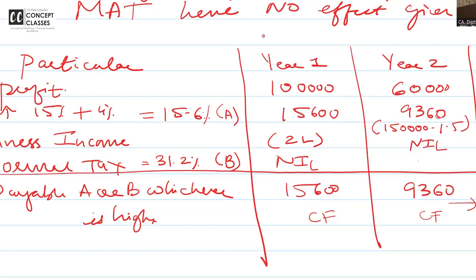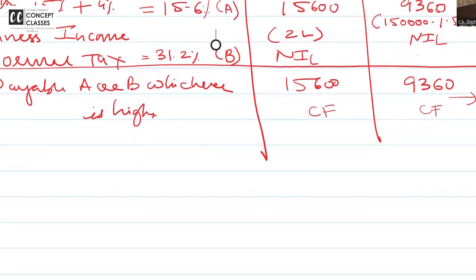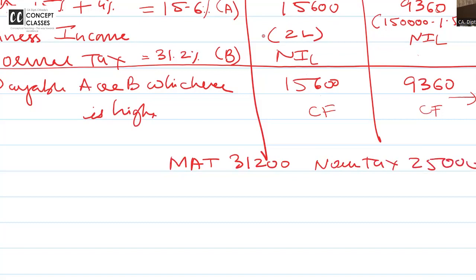Are you getting? I'm just changing for the sake of your understanding. I'll clear your doubt. Today's screen is not able to scroll. Suppose in the third year, your MAT is 31,200. Just suppose. And your normal tax is 25,000. Then this difference 6,200 tax credit set off allowed.